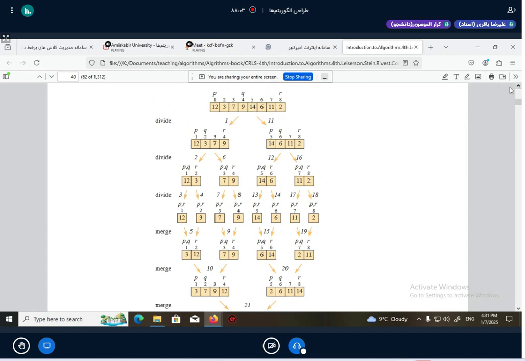Yes, I know. The numbers on the arrows show the order in which the function is called. First, we call merge sort for the first part.